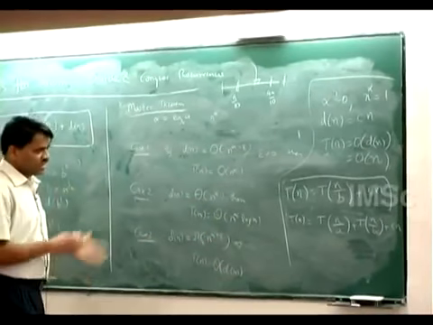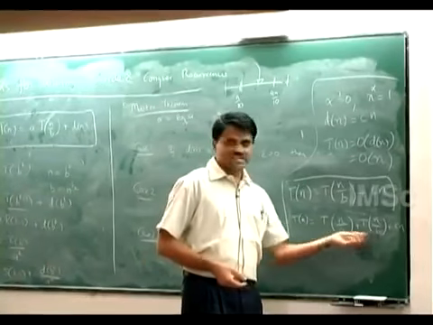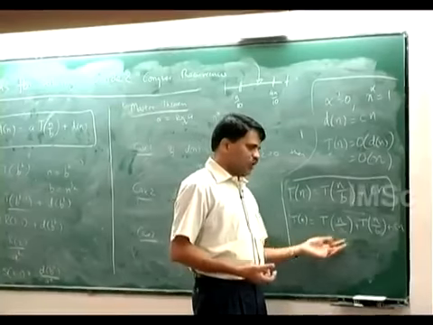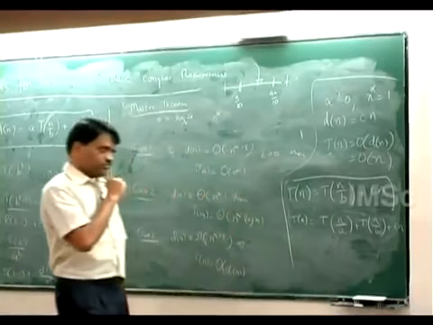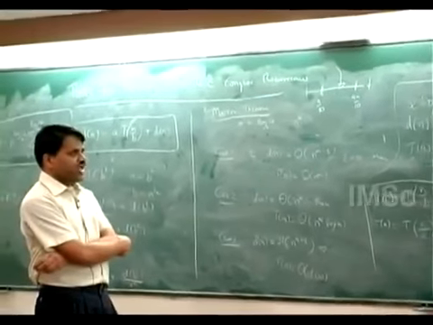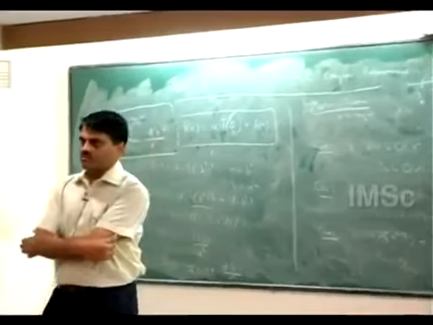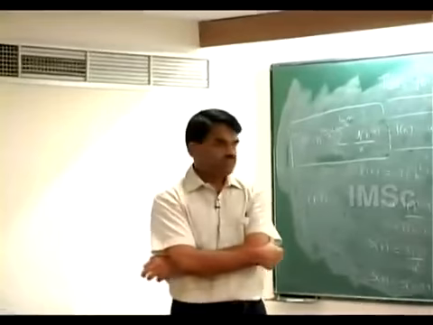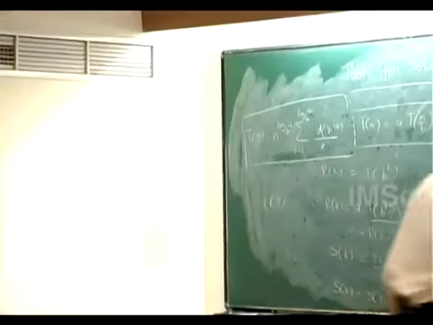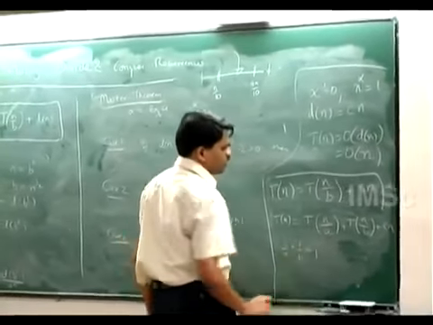In the morning, the recurrences were all such that the problem was divided into almost the same sizes. But suppose I have a recurrence of this form. What condition should I satisfy on the A and B to get a linear time here? Suppose 1 by A plus 1 by B is equal to 1.